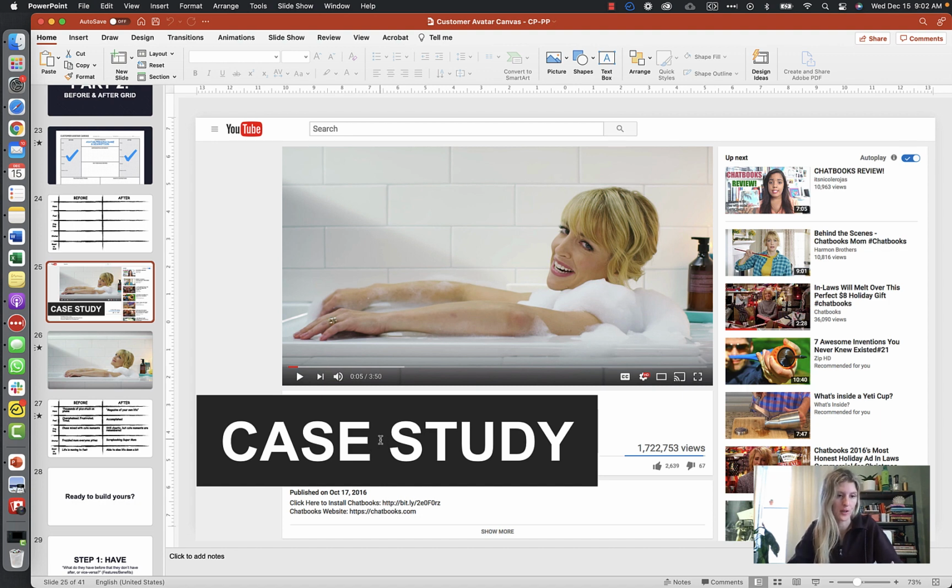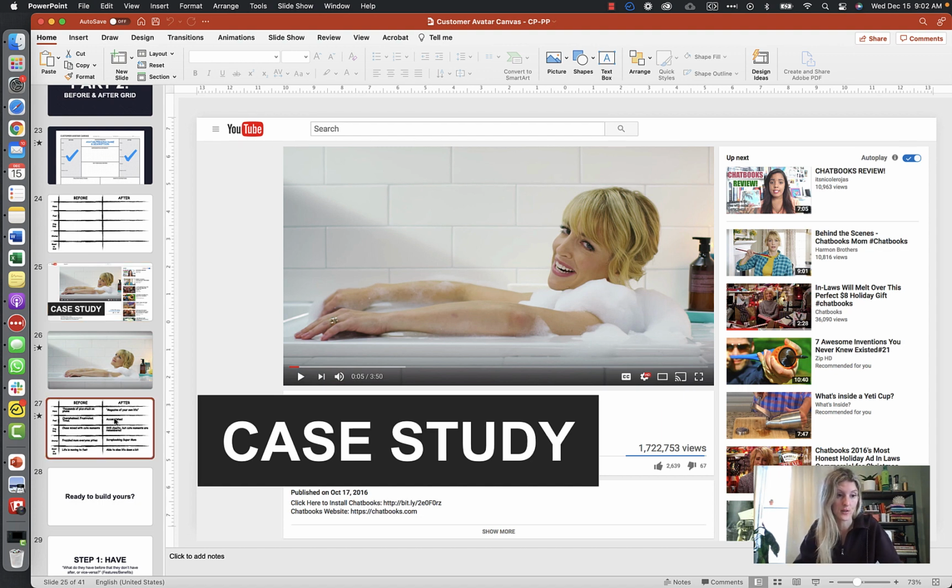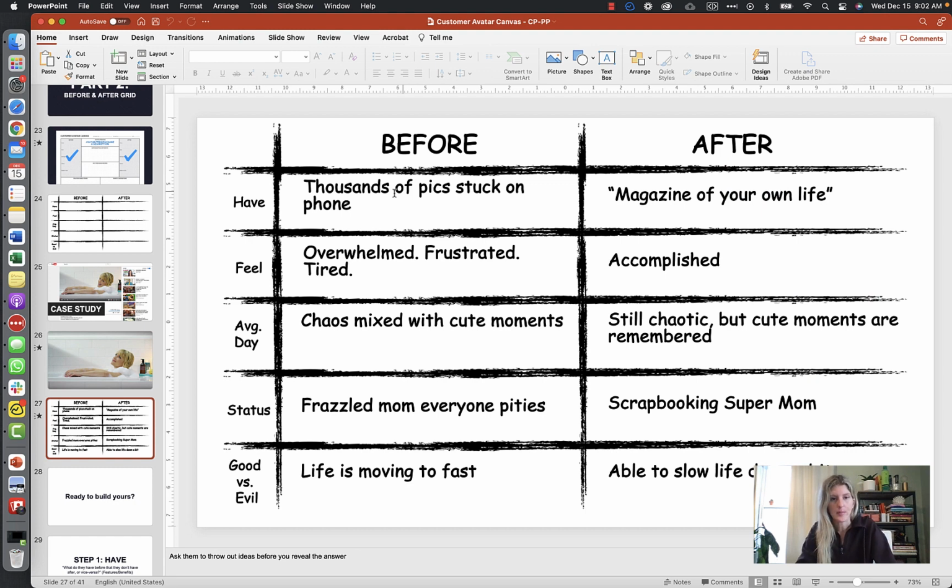She doesn't have to worry about these pictures. She doesn't have to worry about what to do with these photo albums. This software does it for her. So it's about a 3-minute, 3.5, 4-minute video. It's pretty funny. So I suggest that you watch it. And it's relevant because it shows her before and then it shows her after using the software. So some examples of this.